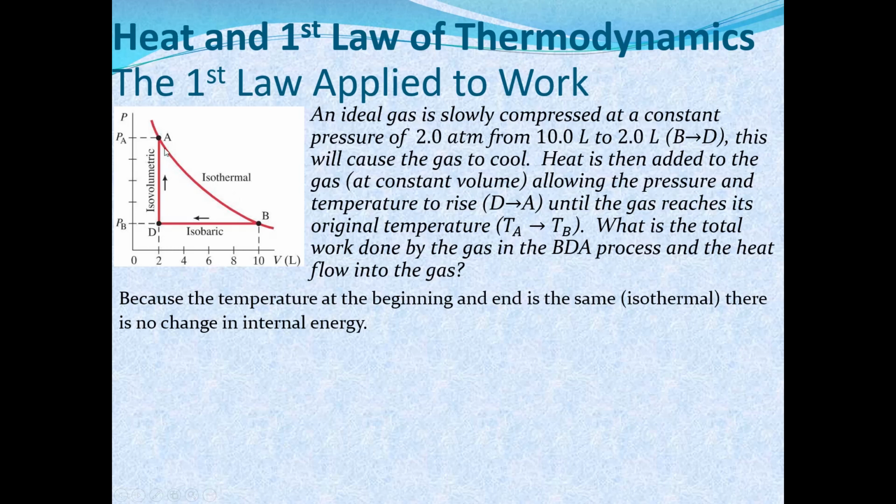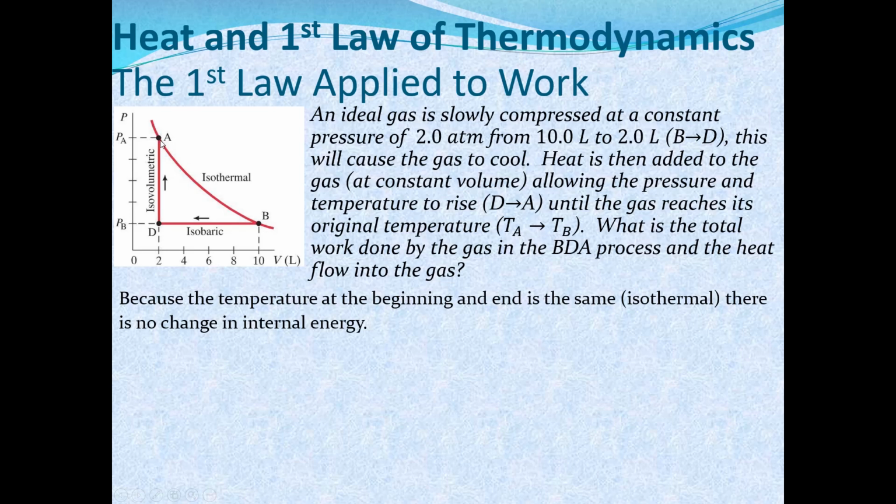All right. Now they want us to figure out the heat flowing into the gas. So one way that we could do that is, since we know that A and B is an isothermal process, the states between A and B, the internal energy doesn't change.